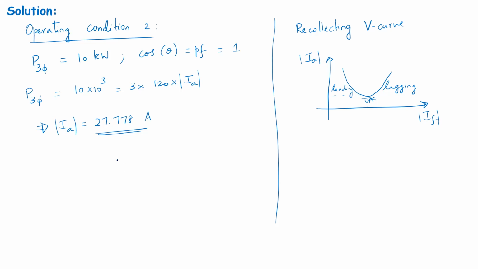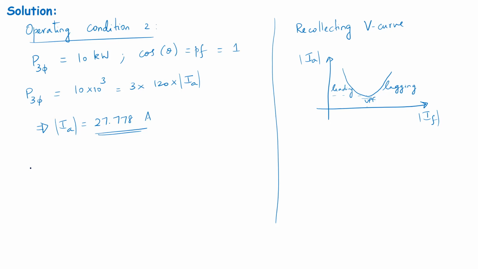So logically speaking, if I give you the magnitude of armature current under lagging power factor condition in a multiple choice question, and I give you 4 options, only one being lower than the operating condition 1 value, then you do not have to solve, you can directly tick that. That is something you need to keep in mind.